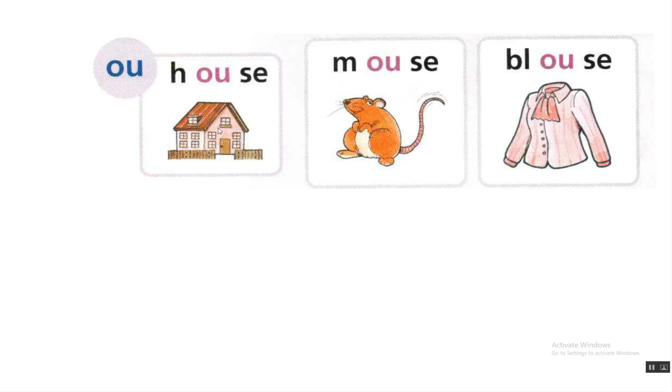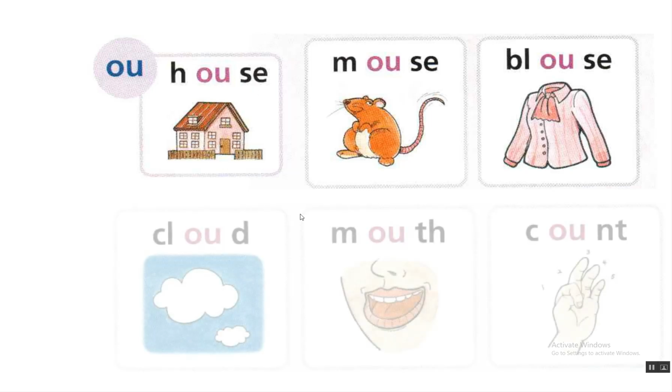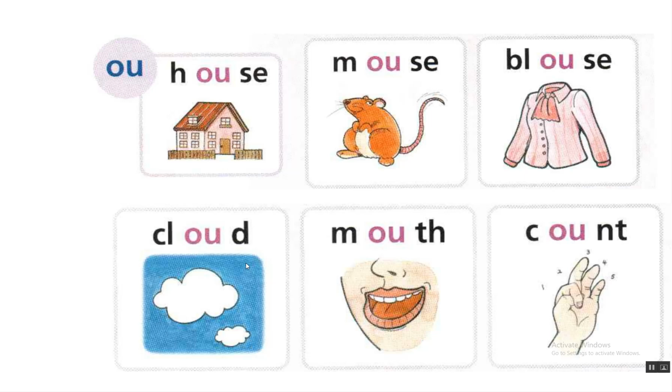H, ow, s, house. Cloud, mouth. Count. K, ow, nt. Consonant blend at the end. K, ow, nt. Count.